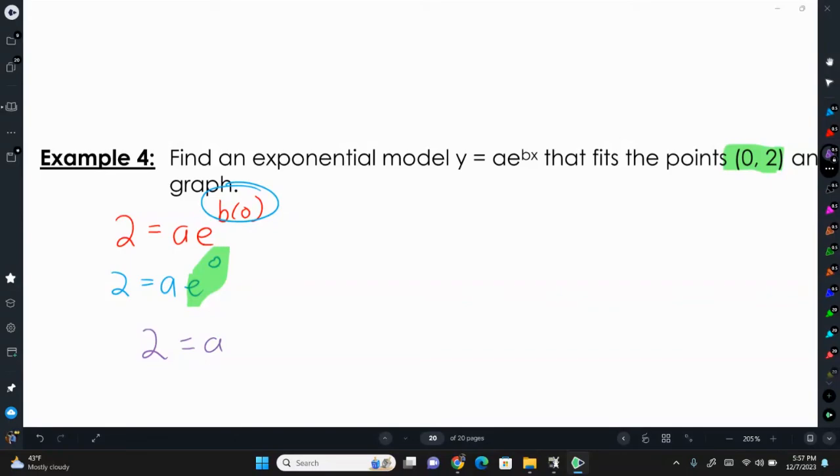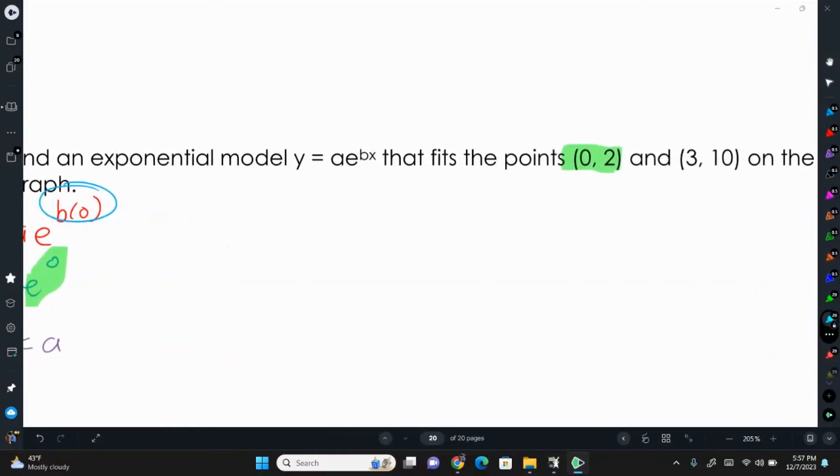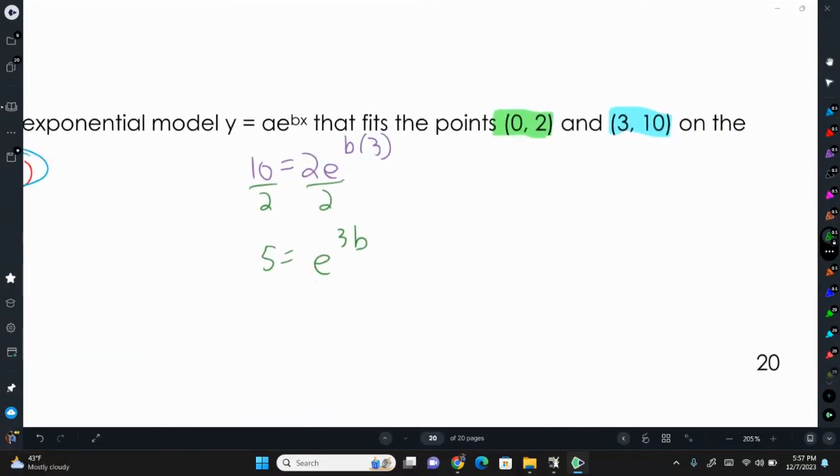Now that we have our a value, we can figure out what that b value is using the other point, (3, 10). So y is 10. We now know a is 2, times e to the b power. We don't know what b is, but we know that x is 3. Divide both sides by 2. 5 equals e to the 3b power. Now we have our base by itself, so we can change this to a log.